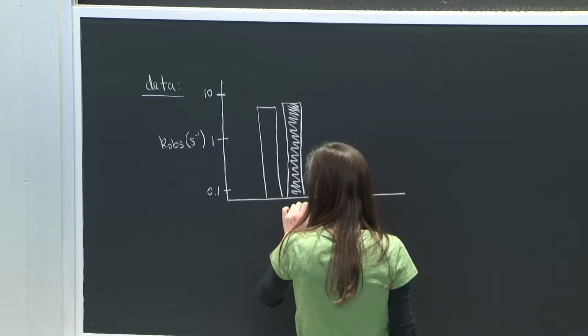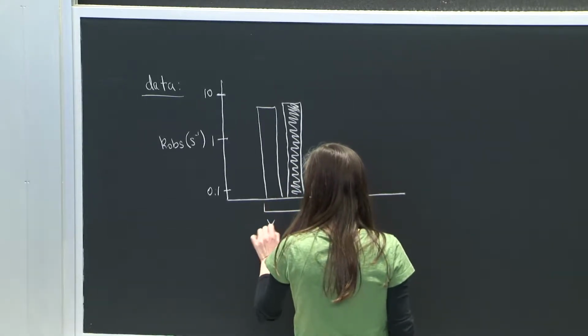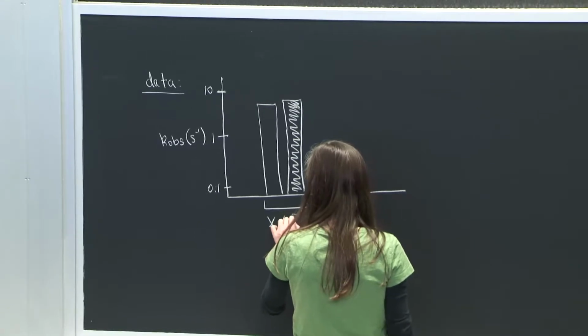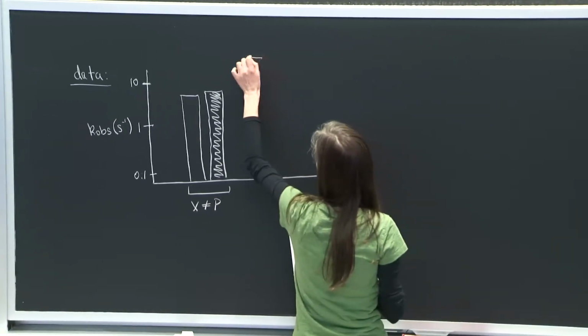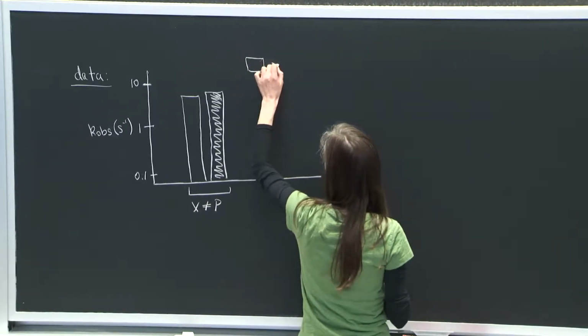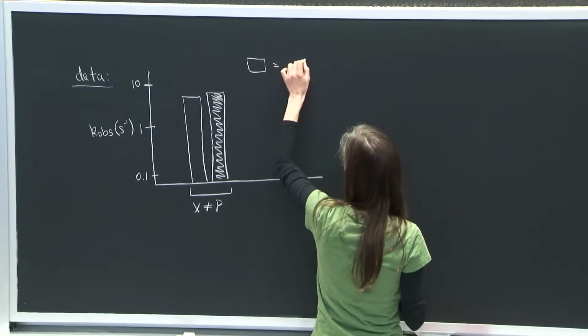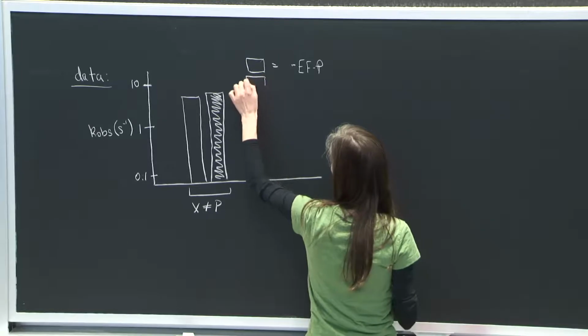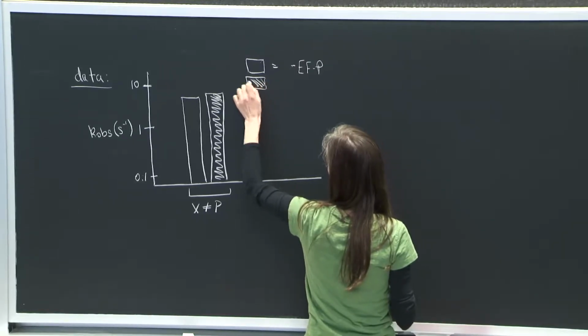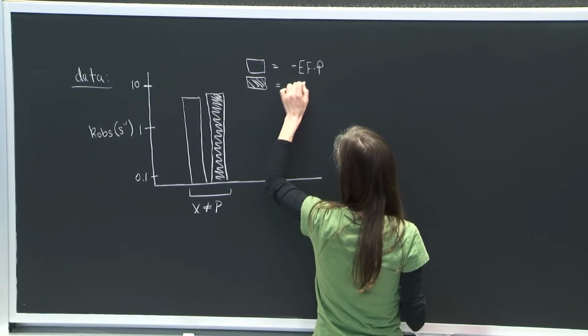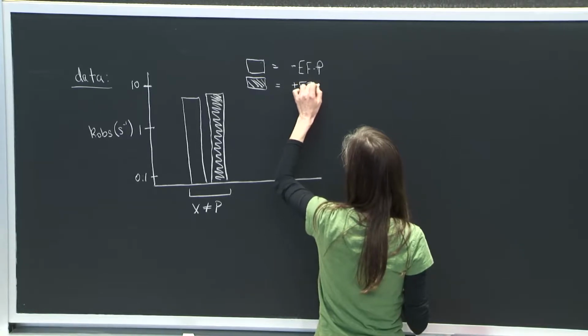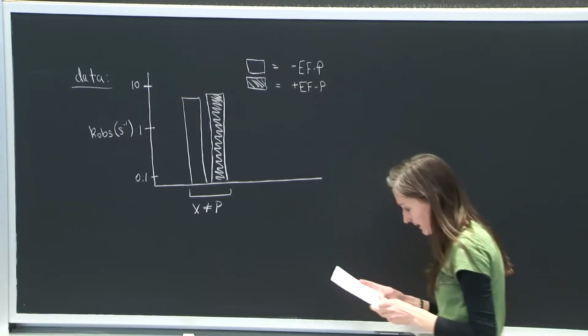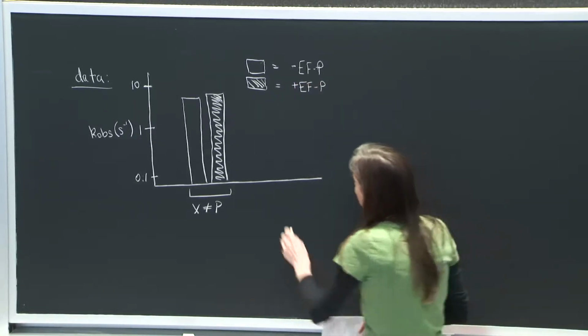Okay, so here we have X does not equal proline. Here, not colored in, is no EFP, and shaded is K observed for the reactions conducted in the presence of EFP.